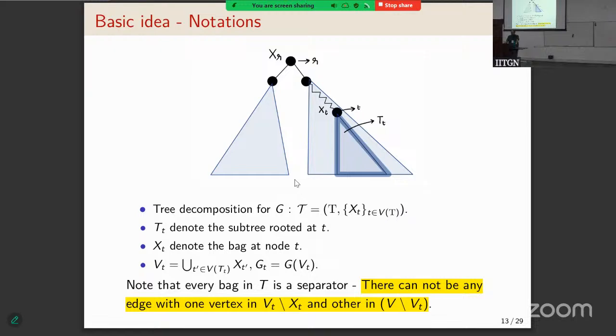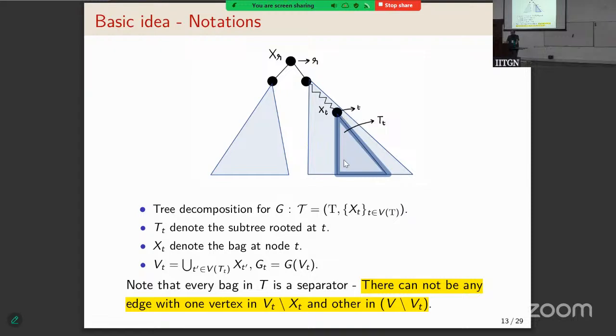So consider this is the tree in the tree decomposition, with root bag X_R, where X_R is some set of vertices, and consider this subtree T_2, the dark-lined part, rooted at a node t with bag X_t.